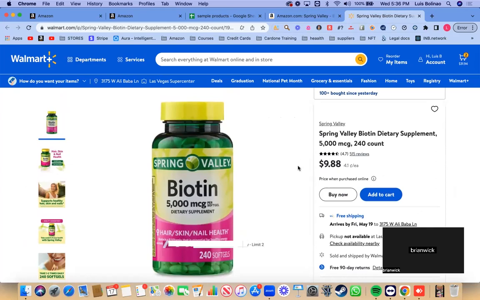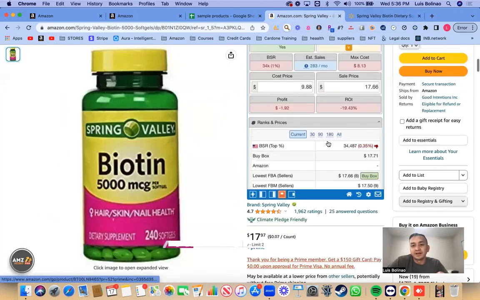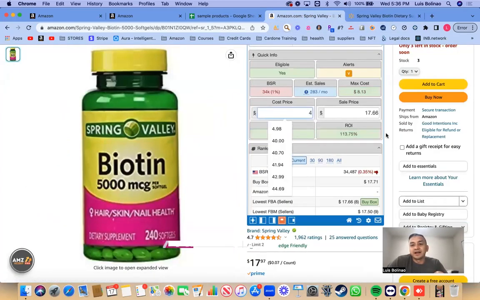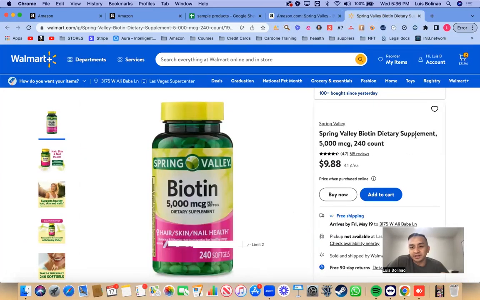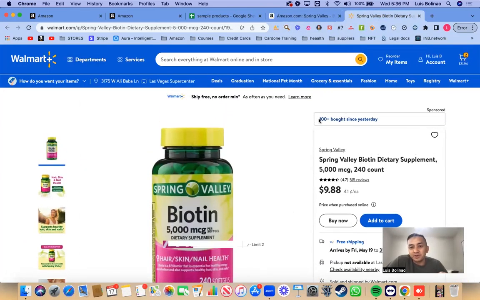Yeah, this probably used to be like $4 or $5. Can you tell when it happened, or is that too hard to tell? Well, I just know because of experience, about 100 people bought this product. So I know Walmart caught on to that and they just increased the price.